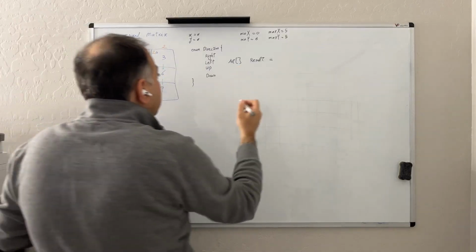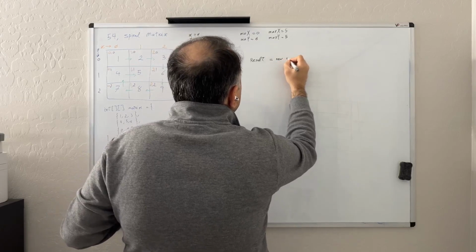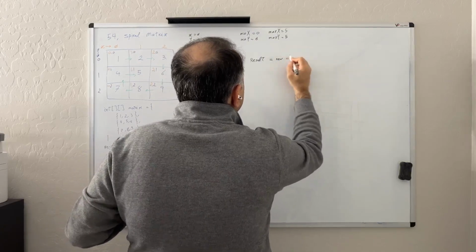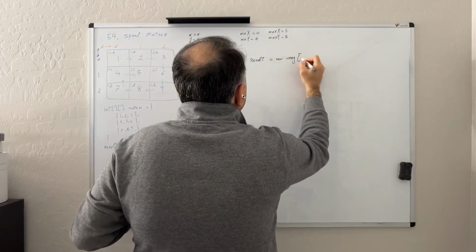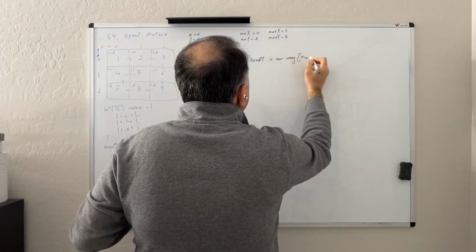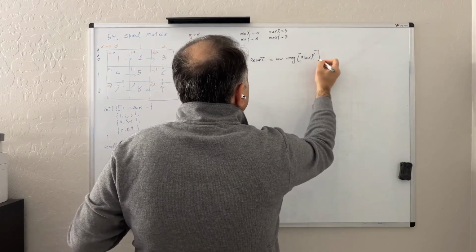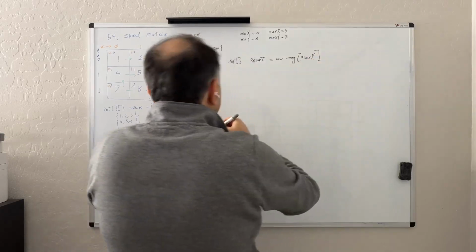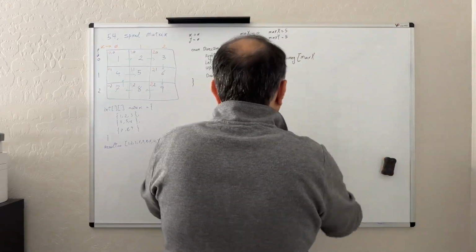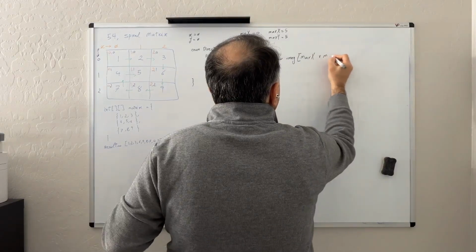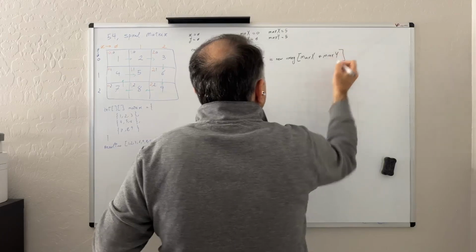So if array, maximum x, oh, I'm sorry, I'm just creating something like this, times maximum y.